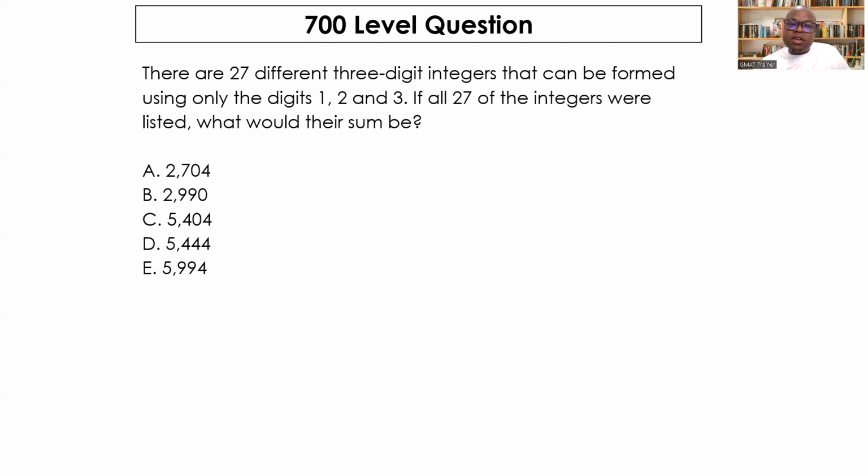There are 27 different 3-digit integers that can be formed using only the digits 1, 2, and 3. If all 27 of the integers were listed, what would their sum be? This question doesn't actually ask you to list down these numbers. It has told us that you have the numbers 1, 2, and 3.